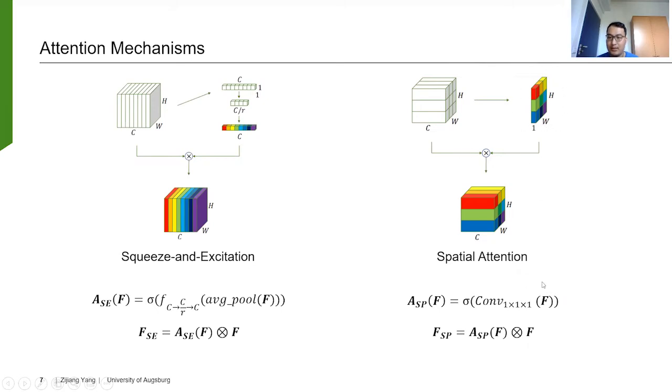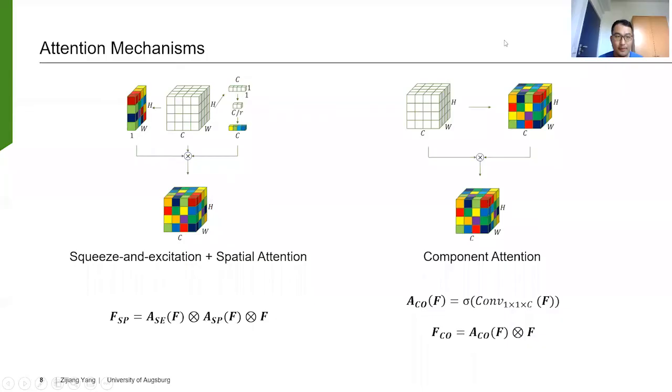And the conv 1 times 1 times 1 means the size of the filter is 1 times 1, and the output channel is 1. The third one is squeeze and excitation plus spatial attention.